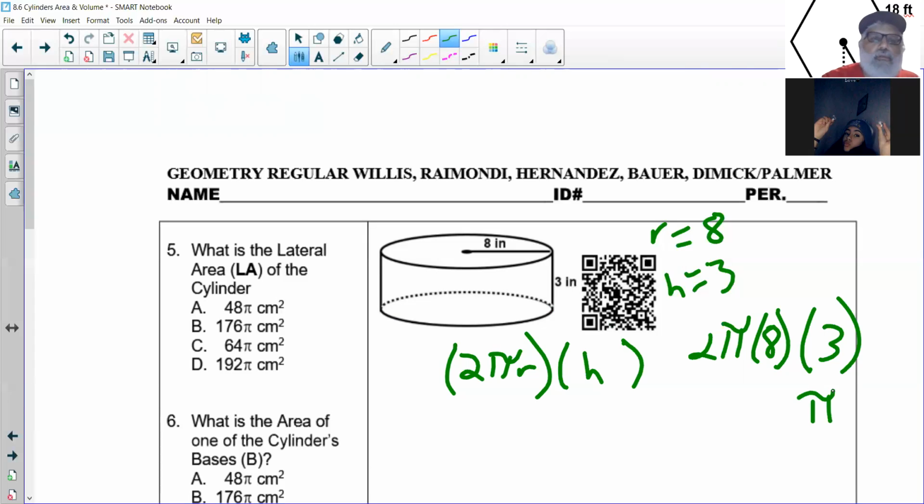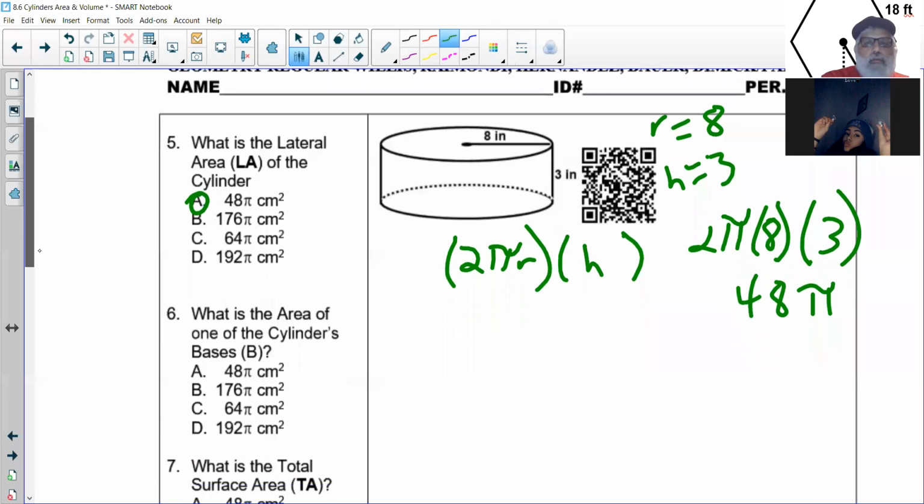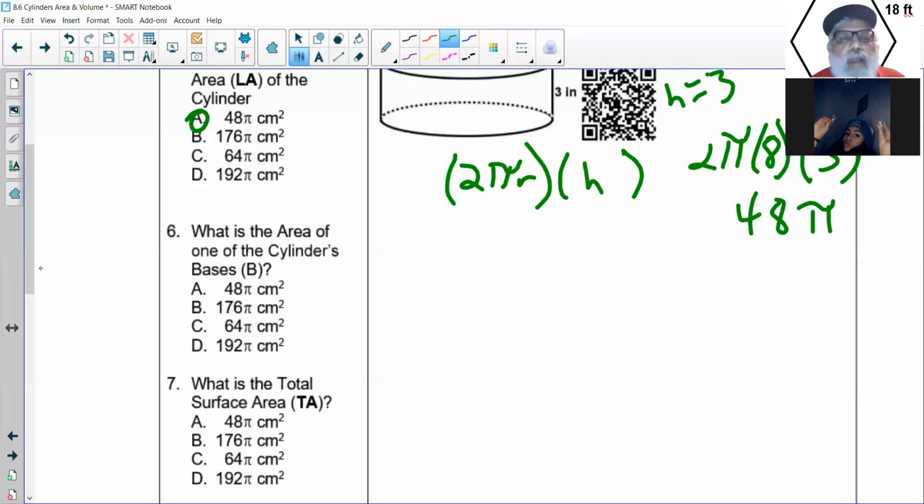Correct. Okay, now find the area of the base. And remember, area of the base is pi r squared.